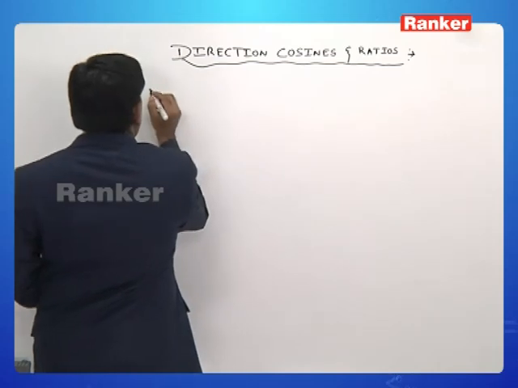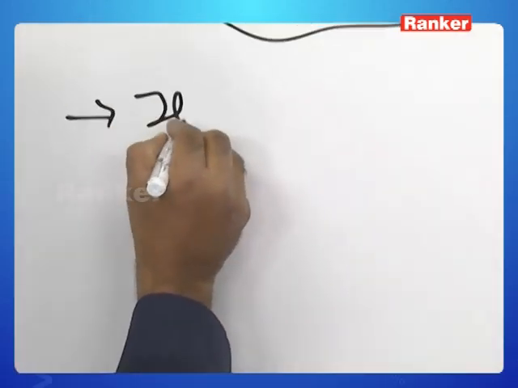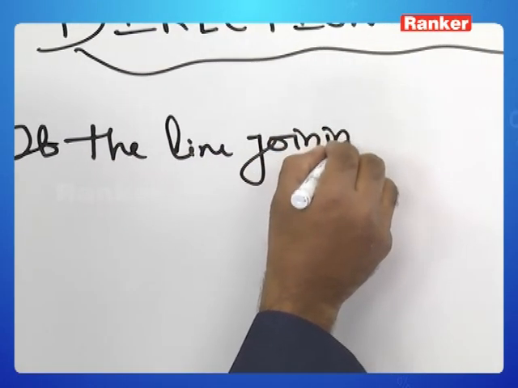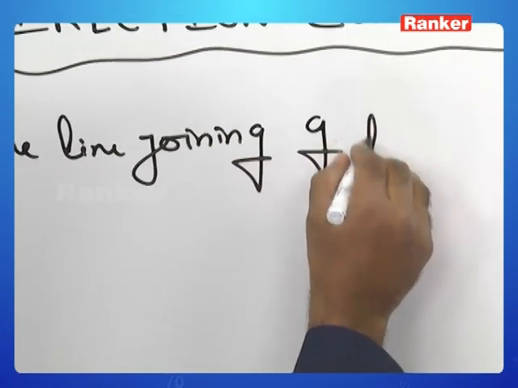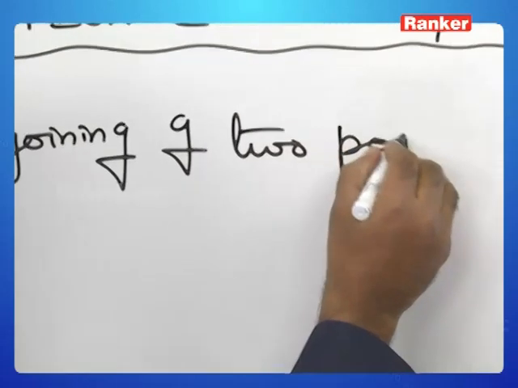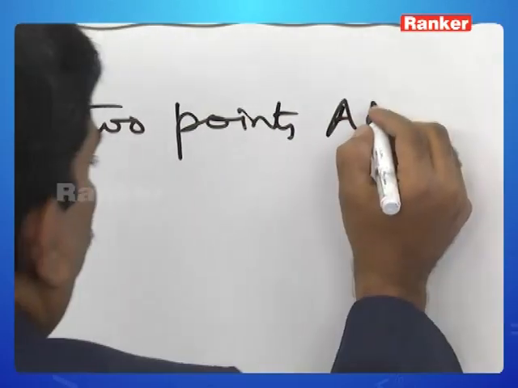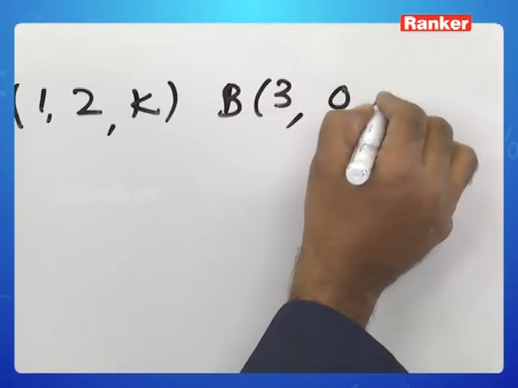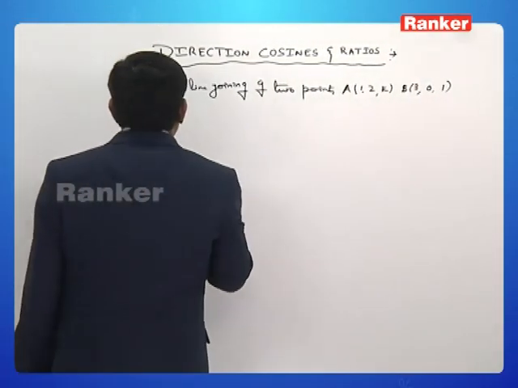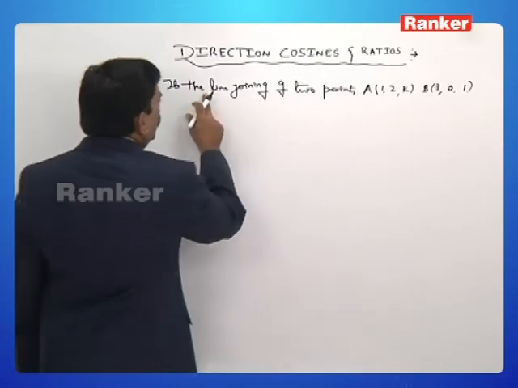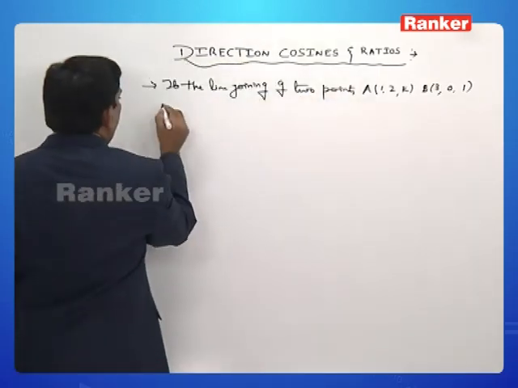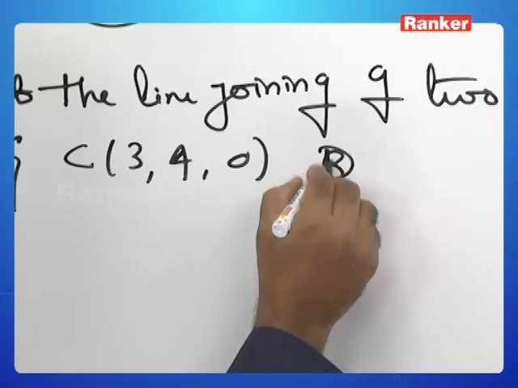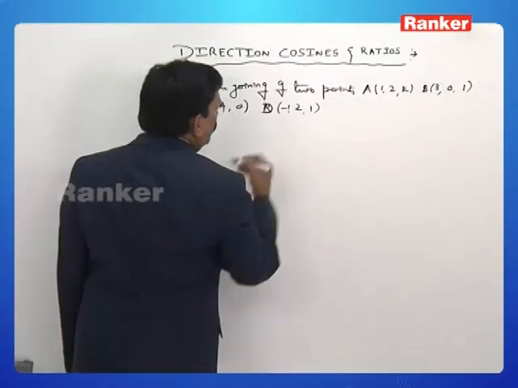If the line joining the two points A(1, 2, k) and B(3, 0, 1), and the line joining the two points C(3, 4, 0) and D(-1, 2, 1).